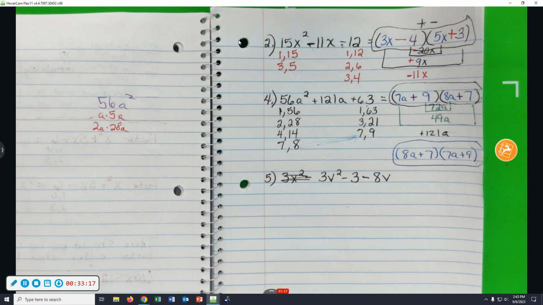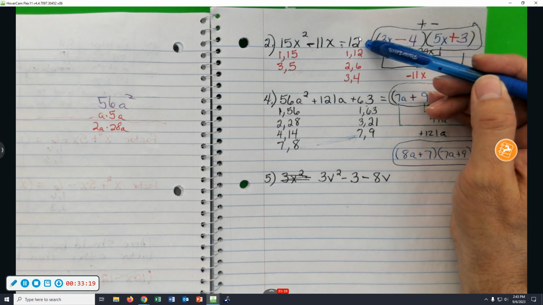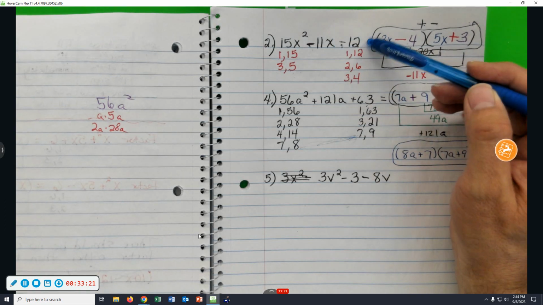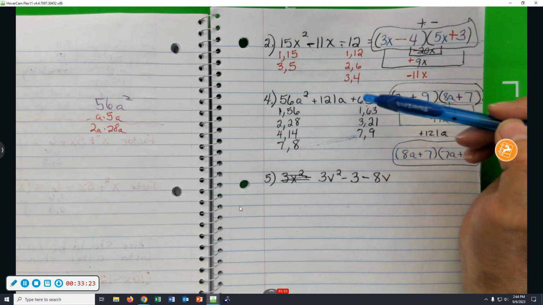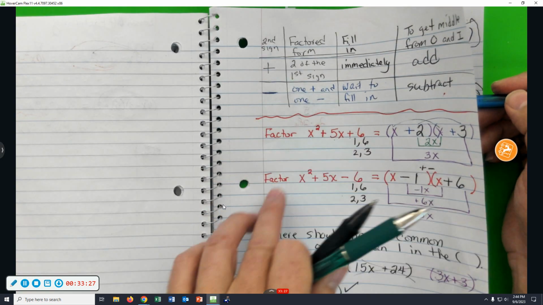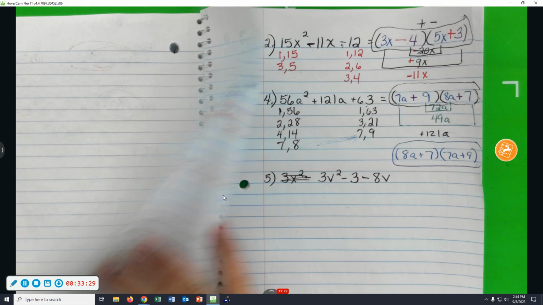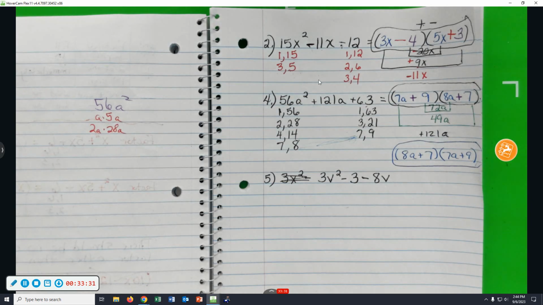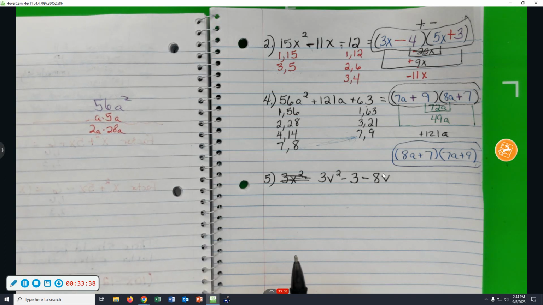A constant is what you call a number that doesn't have a variable. And when you're factoring, that's how it falls out.